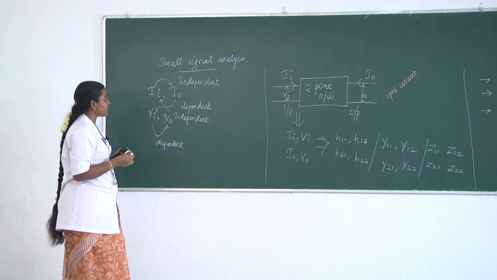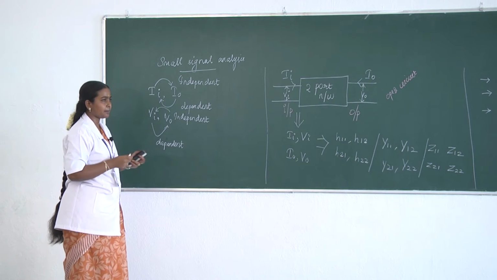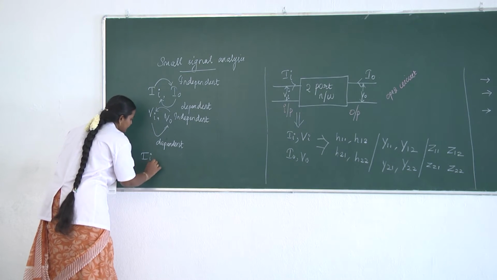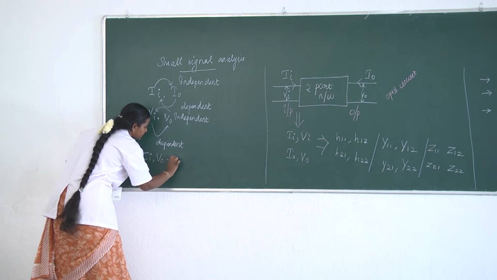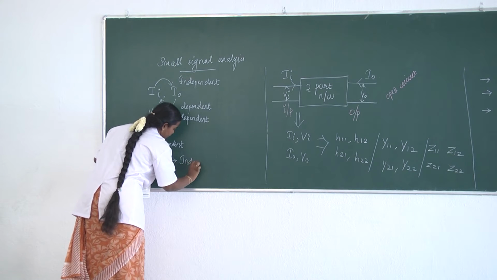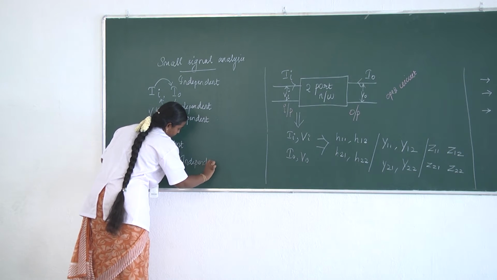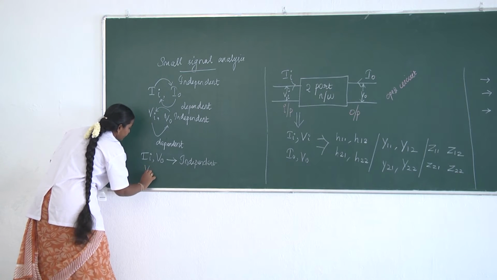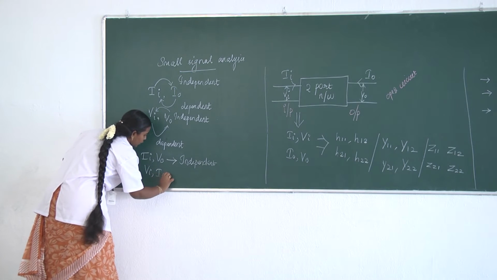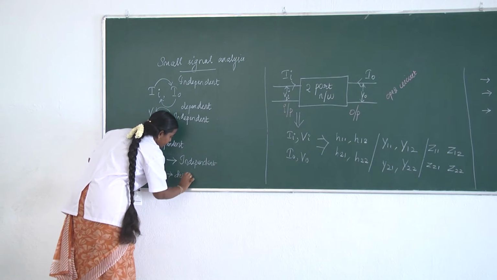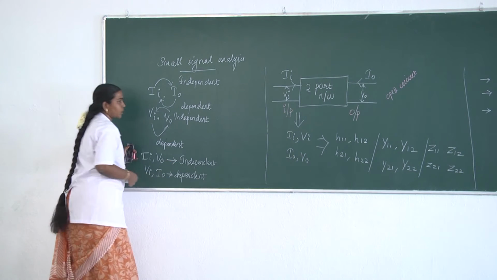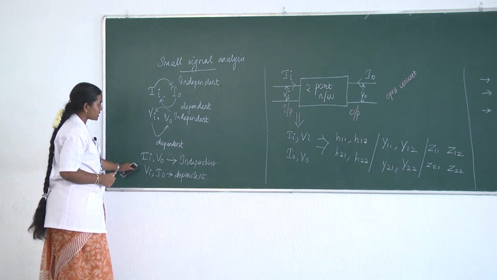Among these 4 terms, we have 2 dependent terms and 2 independent terms. We can write which terms are independent. For example, Ii and V0 are the independent terms, and the other 2 terms, that is Vi and I0, are dependent terms. So now we are going to frame the equations for this.